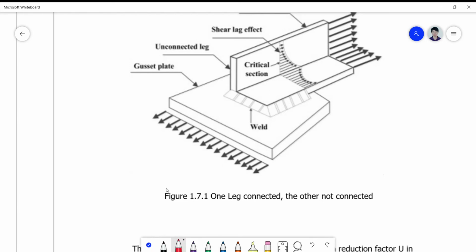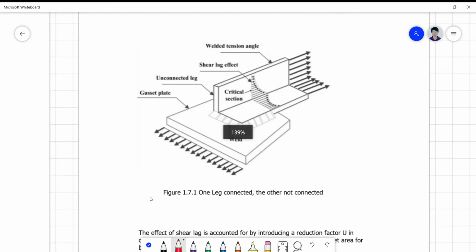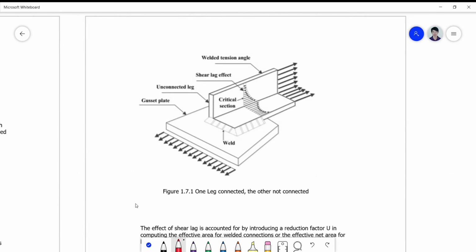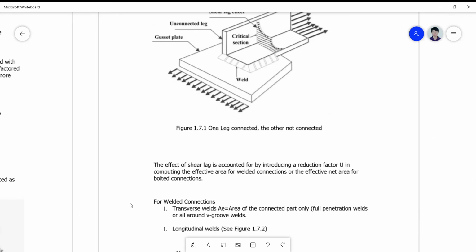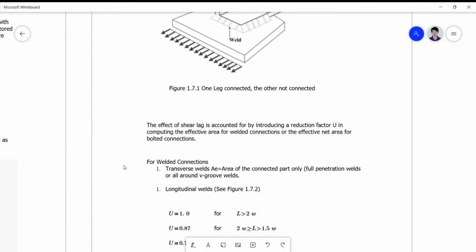Now, when you talk of the computation of the factor U in terms of this understanding, then we have to follow some rules or guidelines coming from the AISC, based on two types of connection.